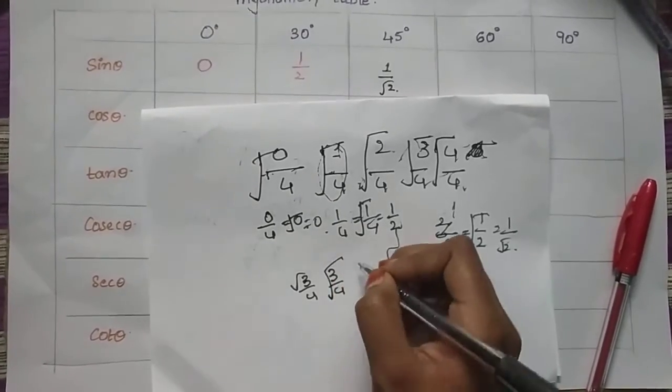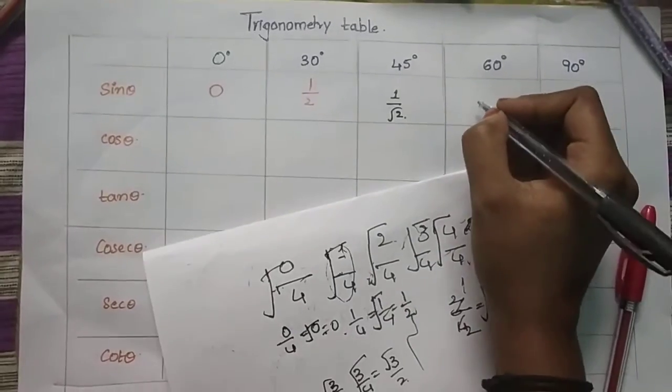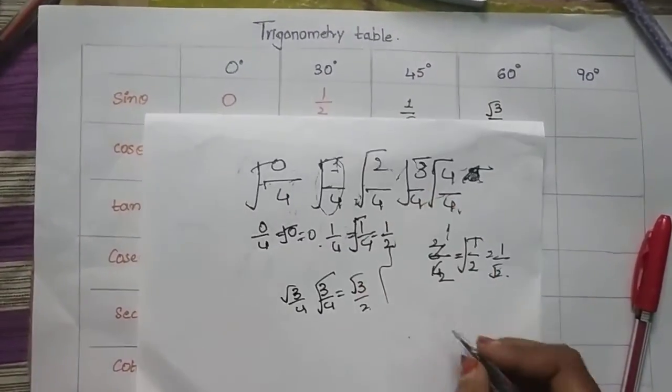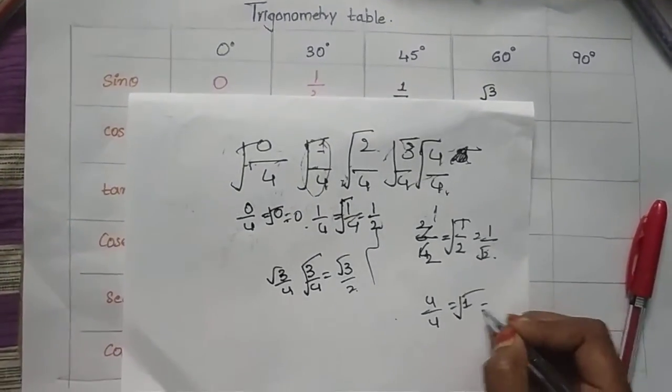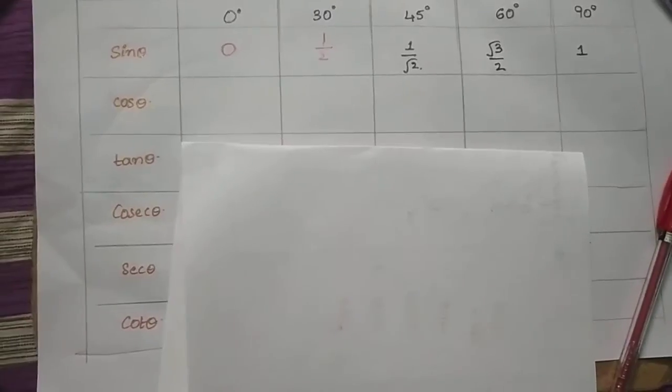So on applying root to it, it will give you root 3 by 2. Next, on dividing 4 by 4 will give you 1, and on applying root to it will also give you 1.